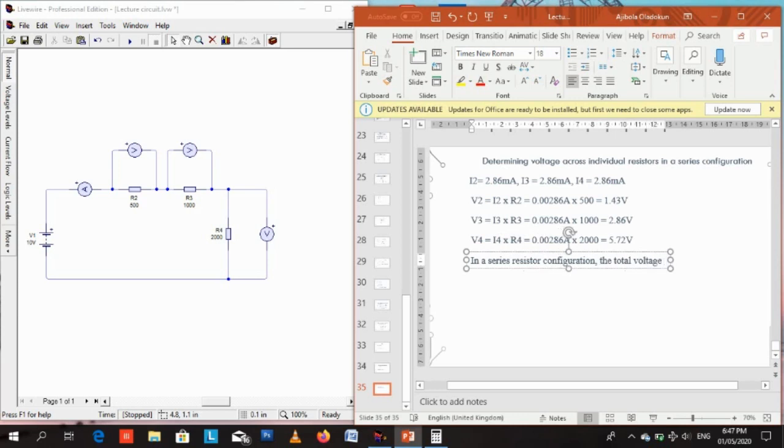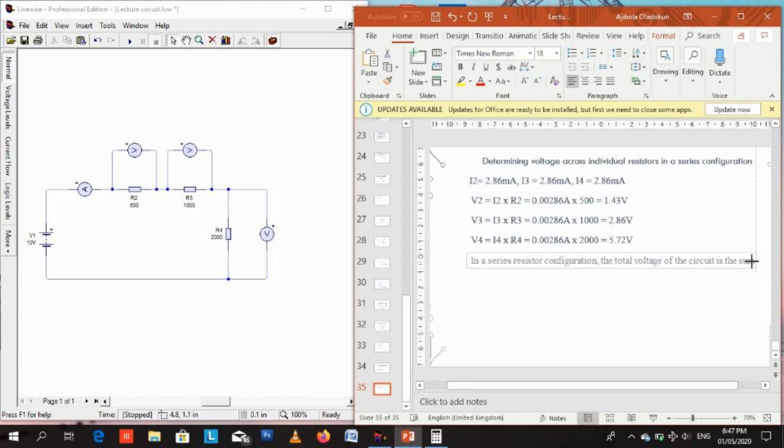So in a series resistor configuration, the total voltage is the sum of the individual voltages. Remember that when we were discussing parallel configuration, the total current was the sum of the individual currents, and the voltage was the same.